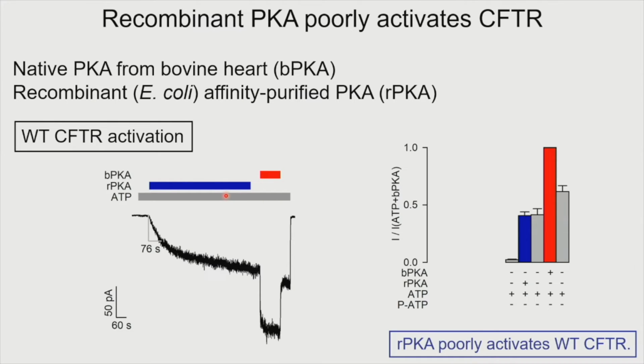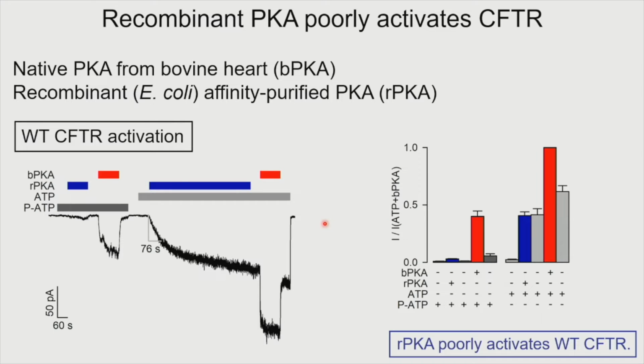That inefficiency of the recombinant protein is partly due to a complete lack of reversible stimulation, but even the irreversible component fails to reach a maximal value. This absence of reversible stimulation is again also seen for unphosphorylated channels gating in PATP.